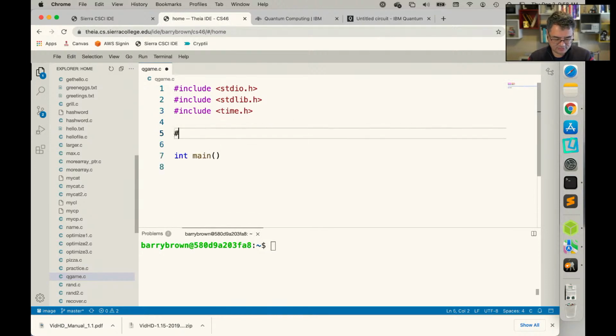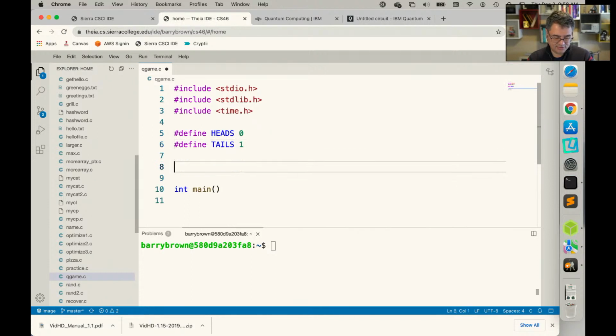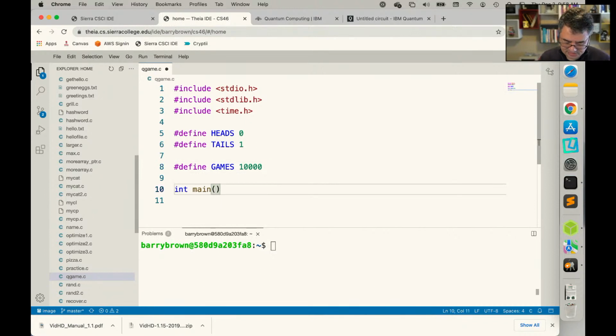So I'm going to start with a couple of defines here. I'm going to make heads be 0 and tails be 1. And I'm also going to define games to be 10,000. That'll be the number of coin flips we're going to do.